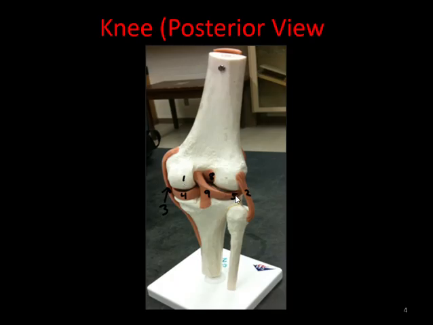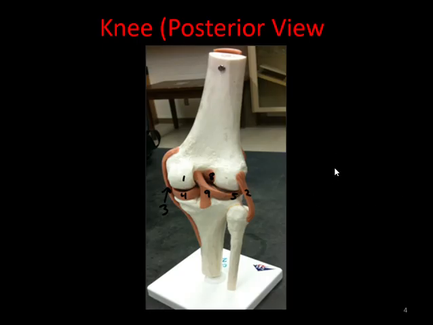And specifically the meniscus of the knee, which goes across here, but not this structure here. The meniscus of the knee, you can refer to it again directionally. So this number 4 would be the medial meniscus, and the number 5 would be the lateral meniscus.